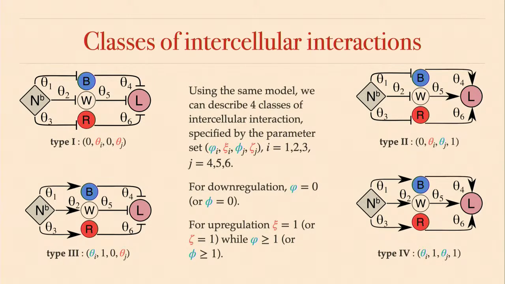What we've done is basically we say that whenever you have down regulation, the phis are 0. So whether this has been down regulated, this has been down regulated. But if you have up regulation, we're having psi equal to 1 or zeta equal to 1, whereas the phis are more than 1.